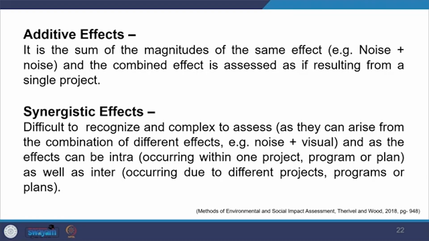So what's the combined effect of that particular effect on the overall environment? That is what we mean when we say additive effect. Noise plus noise would be the cumulative, resultant effect, which would be called additive effects.